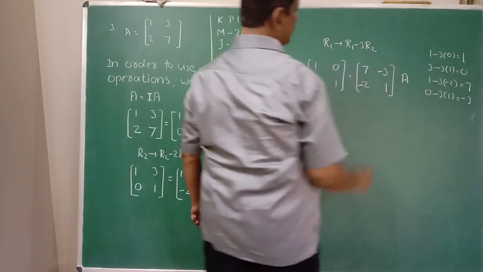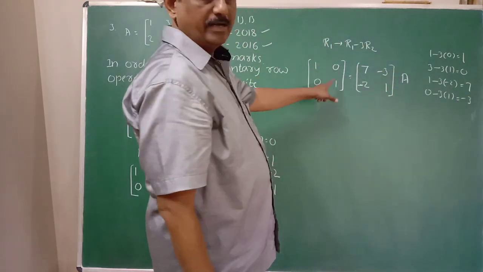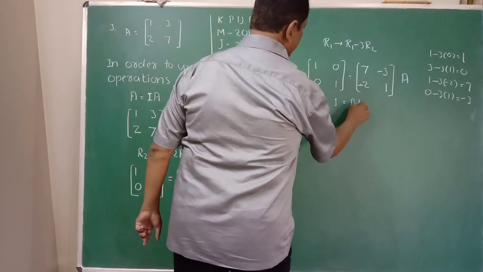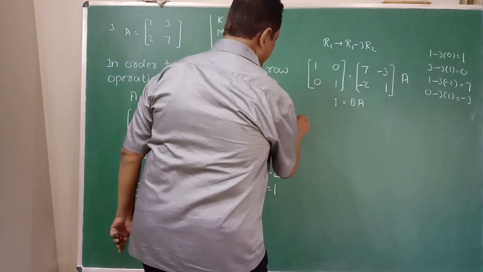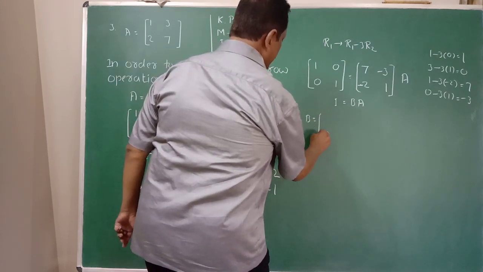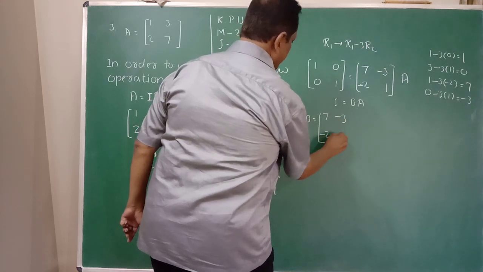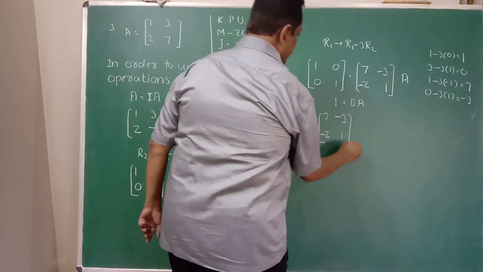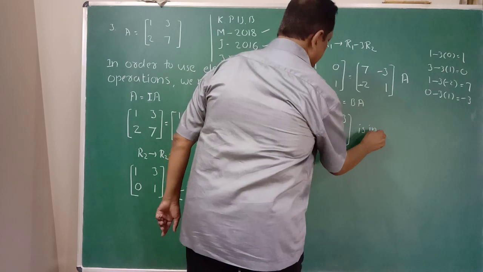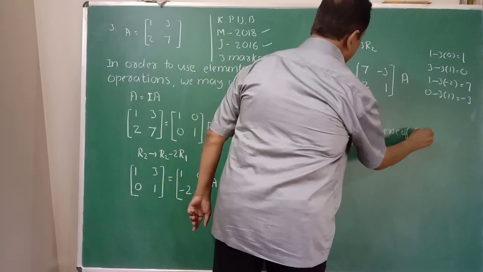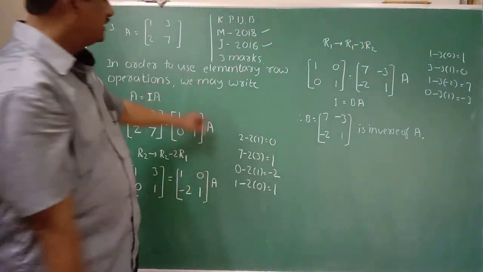So this is an identity matrix here. Hence I is equal to B into A. Therefore B is equal to the matrix 7, minus 3, minus 2, 1, which is the inverse of the matrix A. These are 3 marks questions.